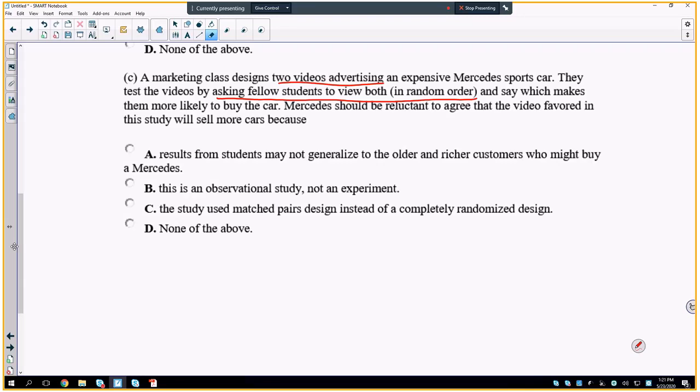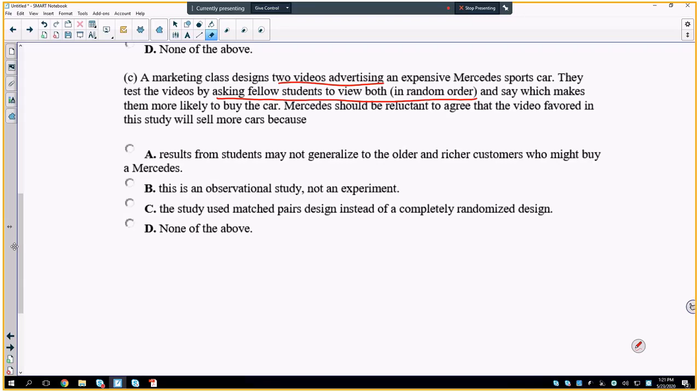Why? A, results from the students may not generalize to the older and richer consumers who might buy a Mercedes. B, this is an observational study, not an experiment. C, the study used matched pairs design instead of a completely randomized design, or D, none of the above.